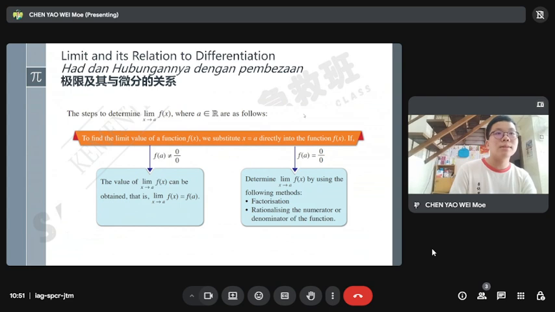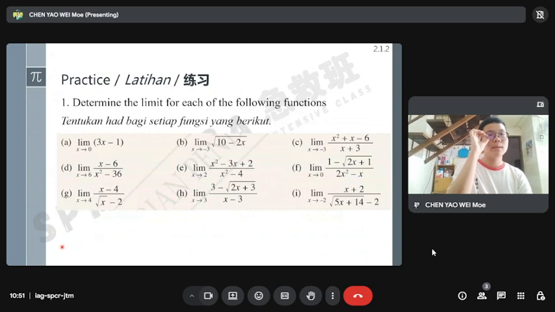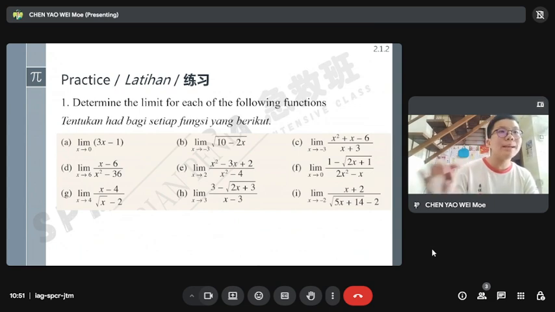Okay, let's see one question to help you understand. Determine the limit of the function. For part A, the limit as x approaches 0 of 3x minus 1. What is the limit for the equation?